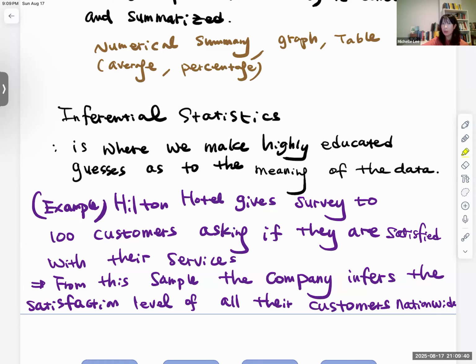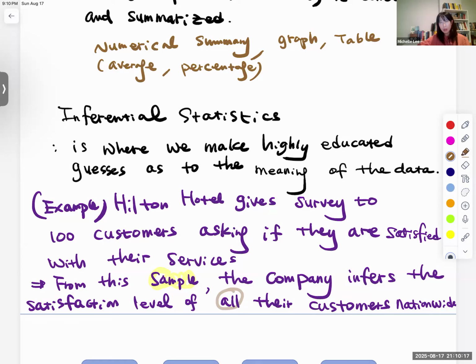From this sample, the company infers the satisfaction level of all their customers nationwide. Basically, they ask only 100 customers, and those 100 customers represent all the customers of their Hilton hotels. So that terminology, sample, and then there is all, right?